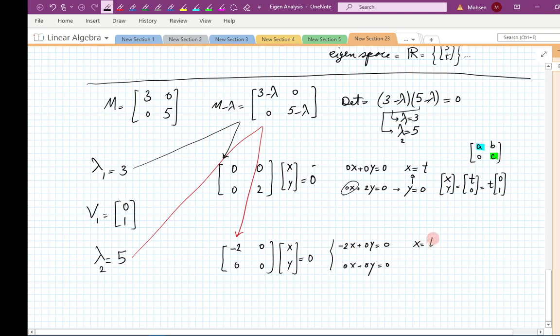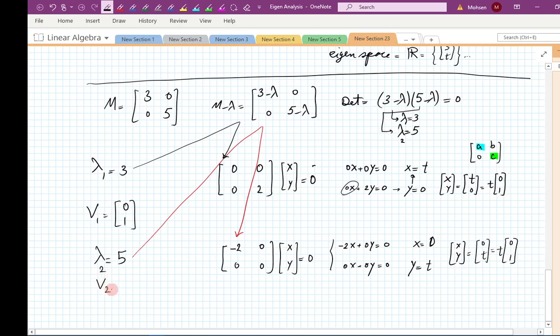Excuse me, x has to be 0. I made a mistake myself. X has to be 0. Y can be any parameter, t or s or anything. T. So x, y now becomes 0, t. And you can factor out a t and it becomes 0, 1.